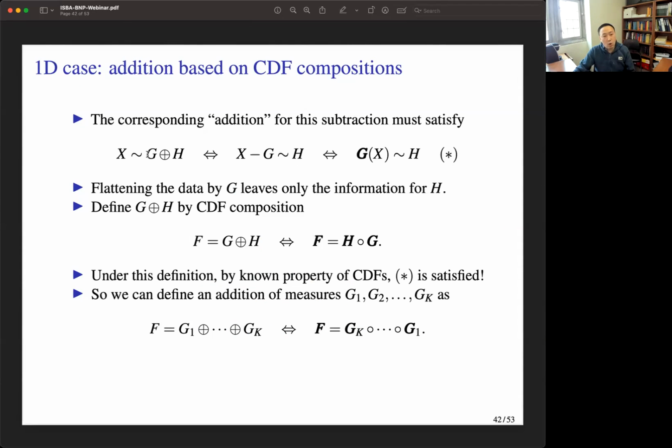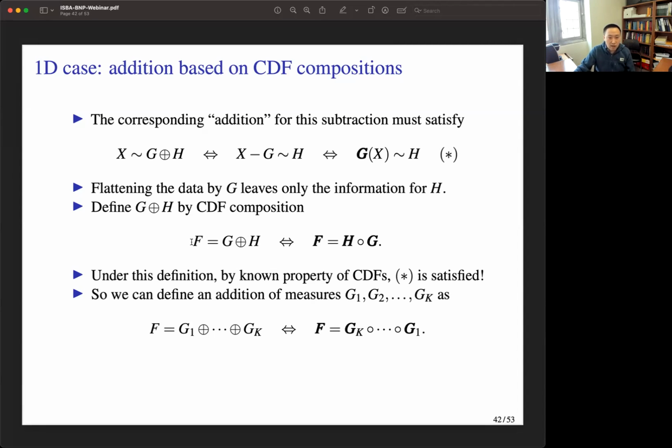So then we can come up with a corresponding addition that's consistent with the notion of subtraction that we just talked about. What do I mean by consistent? Consistent meaning that if X is distributed as the sum of G plus H, then if we subtract G from X, like we did on the previous slide, the residual should be distributed as H. If this addition satisfies this star property, then we say that it's consistent with the subtraction defined by the CDF transform.